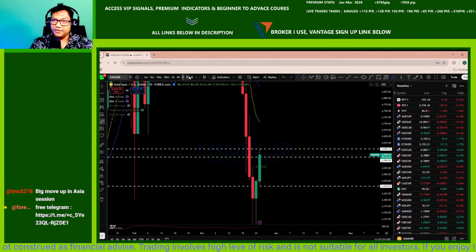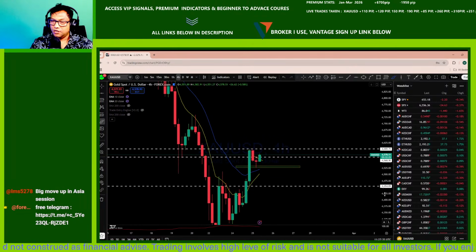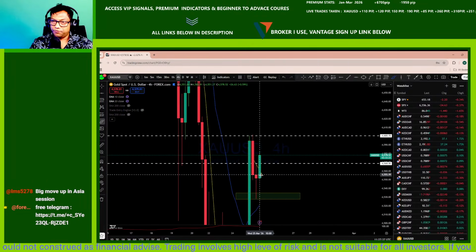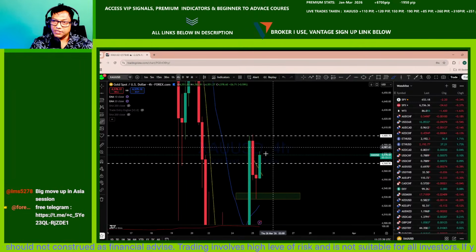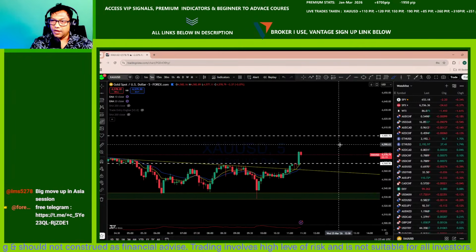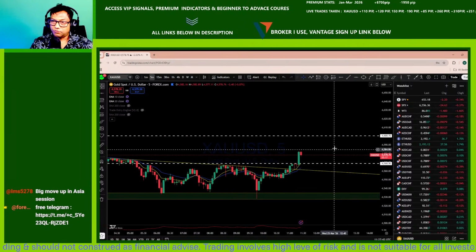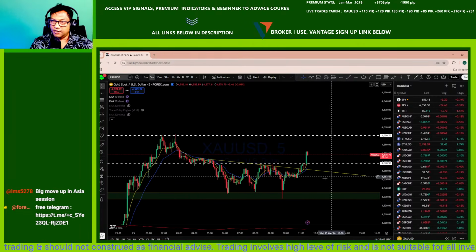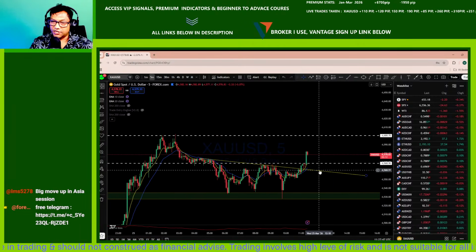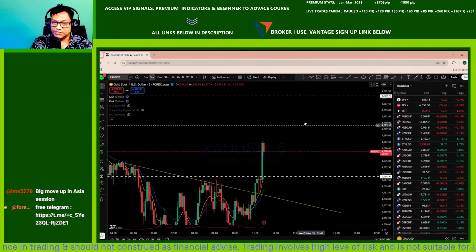I'm looking at the daily and also the 4-hour chart. There is a breakout of this intraday support level, and with this inverted head and shoulders, the market has broken back to the upside.